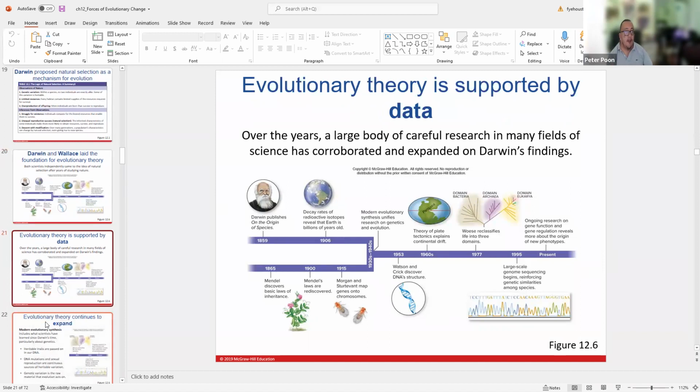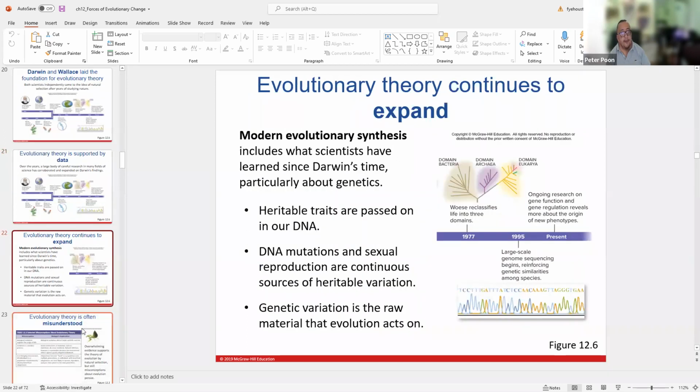So evolutionary theory is supported by a large amount of data. Over the years, a large body of carefully conducted research in many fields has corroborated and expanded on Darwin's findings, most importantly the genetics work by Gregor Mendel and Thomas Hunt Morgan.